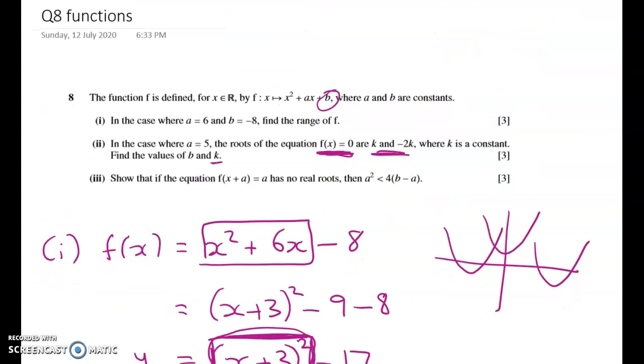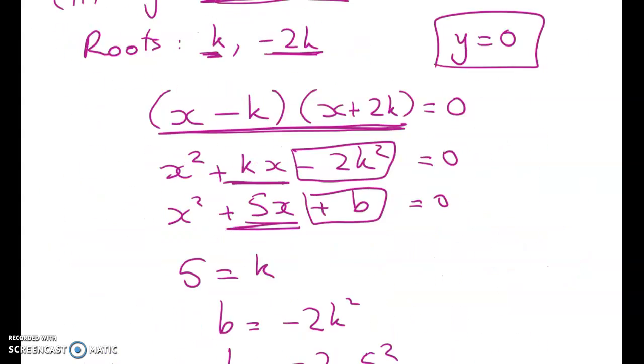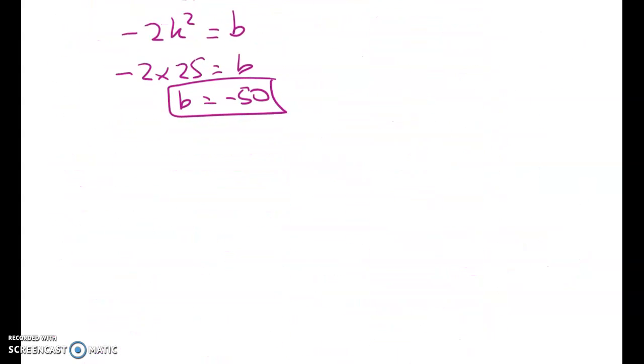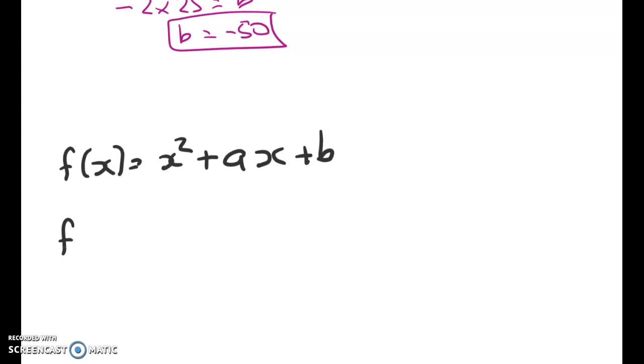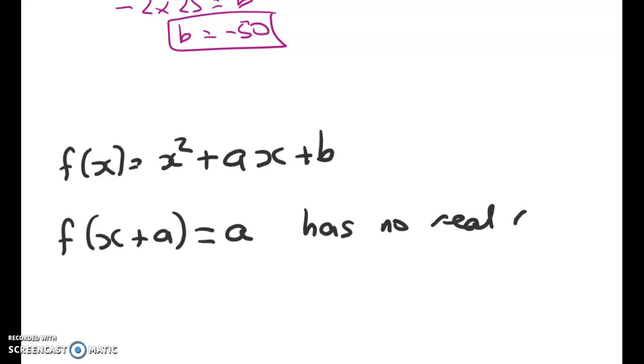Okay, so show that if this equation has no real roots, then this condition must hold. Right, so for this one, remember we're going back to f of x is equal to x squared plus ax plus b. But we're told that this equation, f of x plus a equals a, has no real roots.